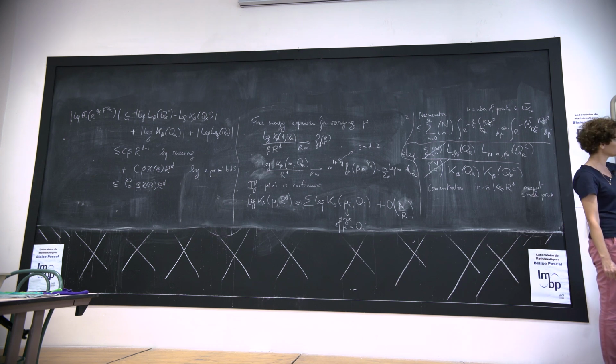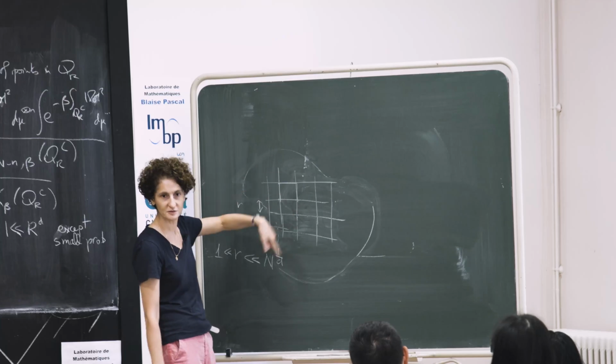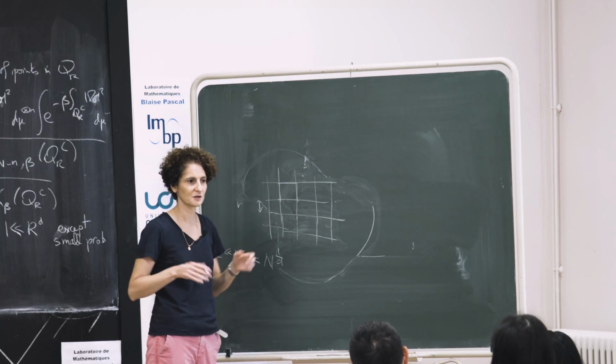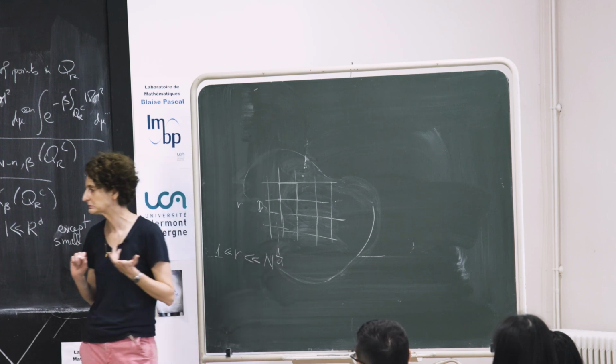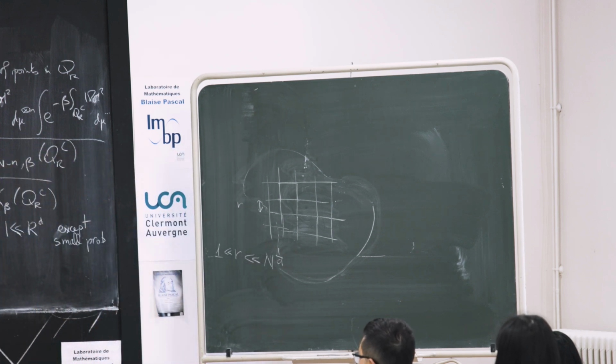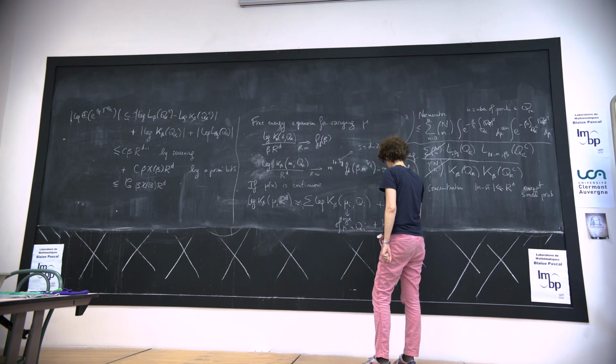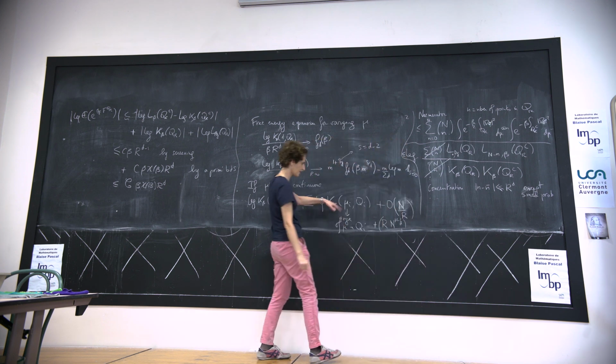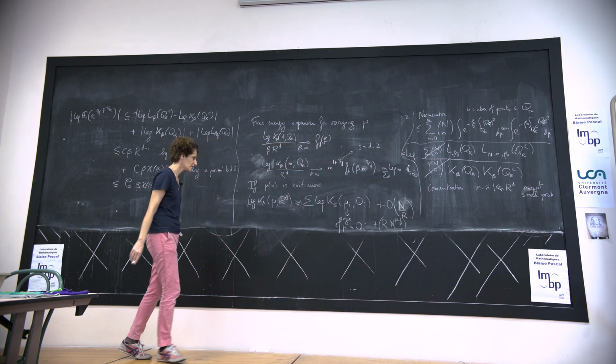Mu is going to be very close to its average if the cube is small. But you pay a lot of surface, because if you cut a lot, you pay a lot of surface errors. And this is why you see the 1 over r. And so there is an error which is also like in r, let's say, times n to the 1 minus 1 over d. So that's the error that you make when you replace mu by its average, roughly.